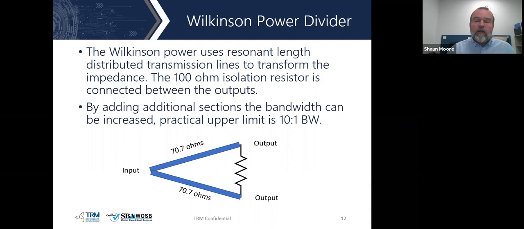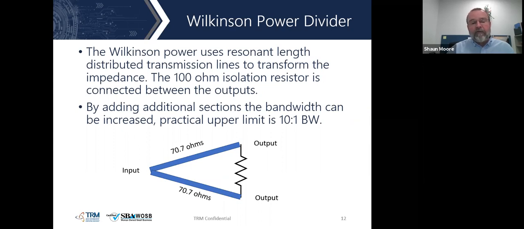And on the high end, it's a matter of how small you can make these transmission lines and still be effective, based on the substrate that you're working on. TRM builds Wilkinson power dividers using both microstrip and stripline technology. The difference being whether we have a ground plane on the top or just one on the bottom.